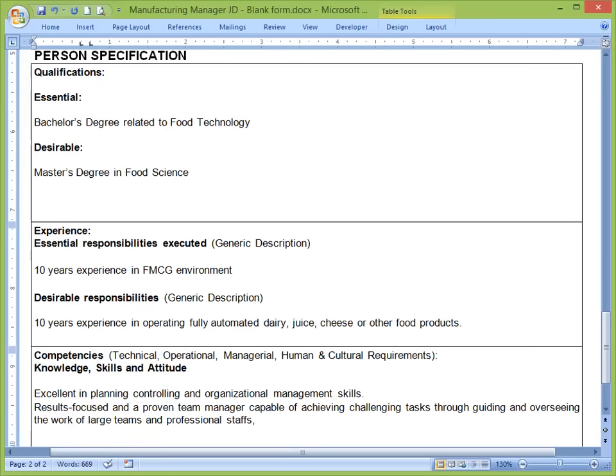I think that's more than enough. We can say computer literate. It should be computer literate, right?